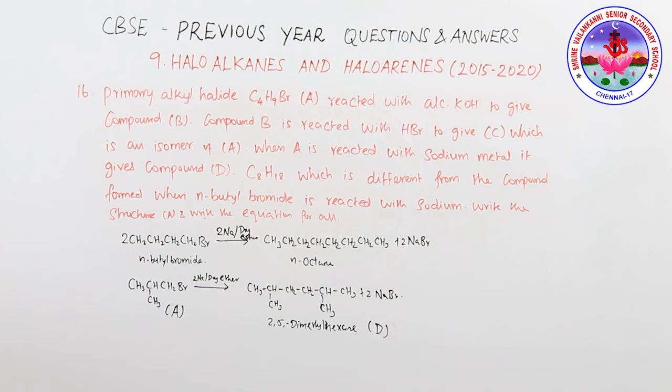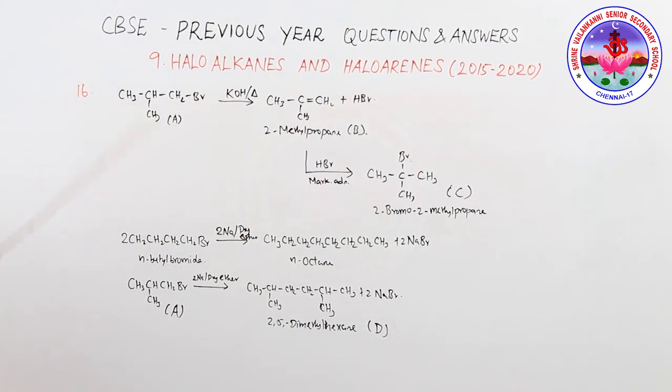The next reaction: compound D is 2,5-dimethylhexane, and compound A reacts with alcoholic potassium hydroxide to give compound B. Hence compound B is 2-methylpropene. I will write the reaction. Look at this reaction.